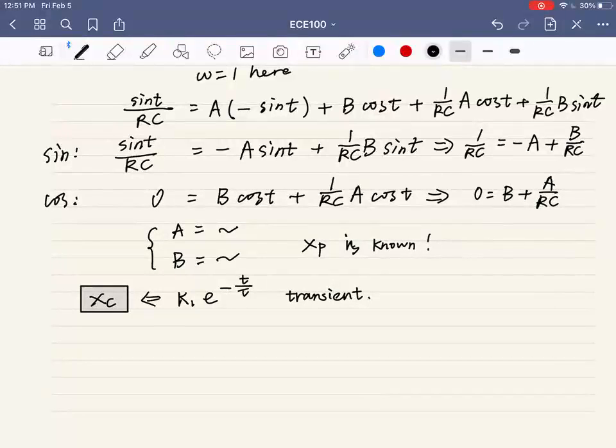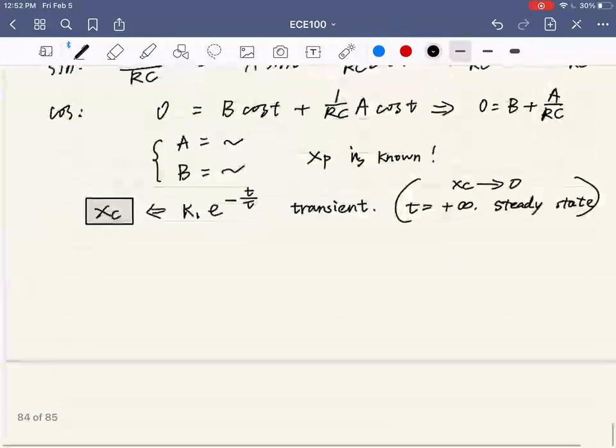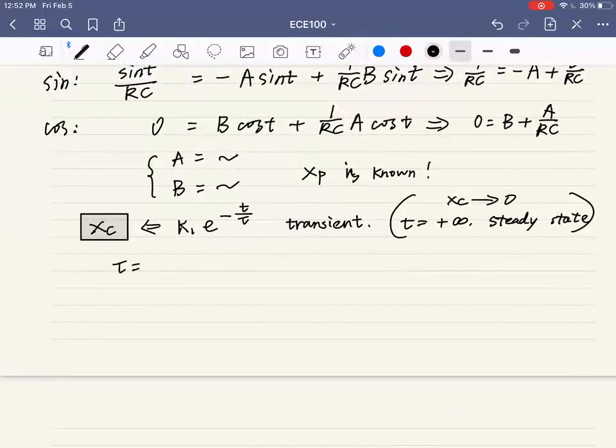And this term will disappear as time goes to infinity, long enough, which is also the steady state. Okay? So we get tau. Because it is first order, we only have one storing element.